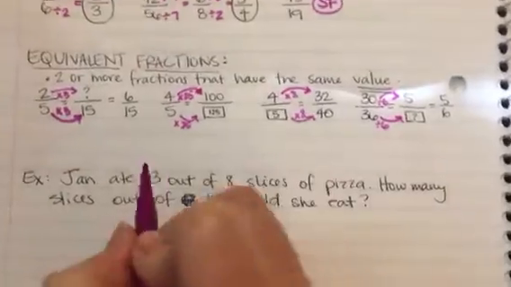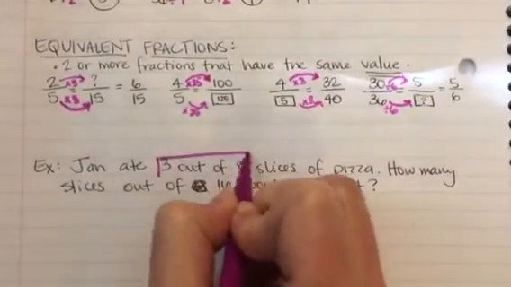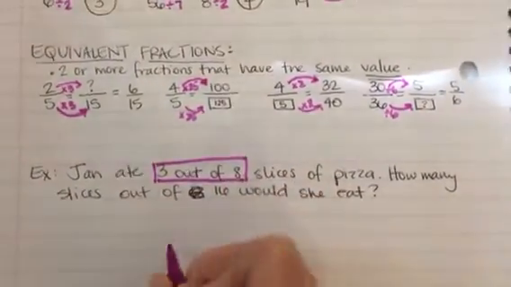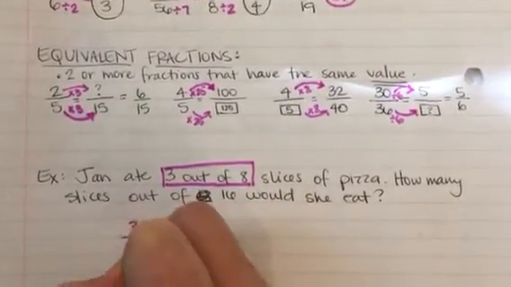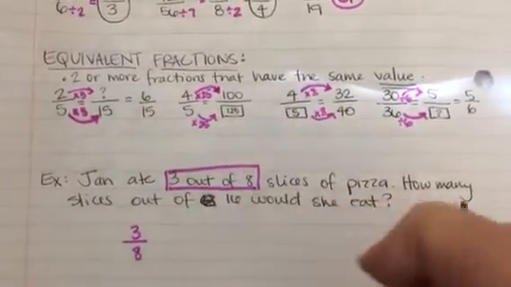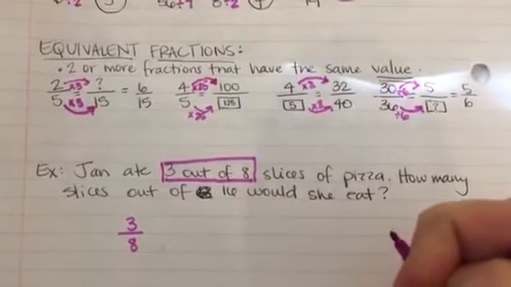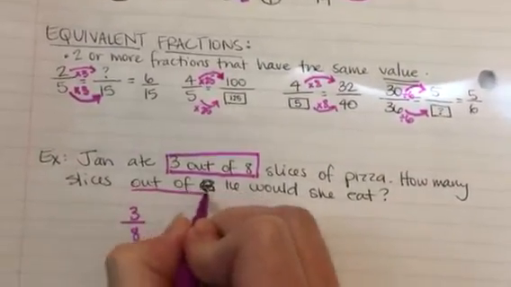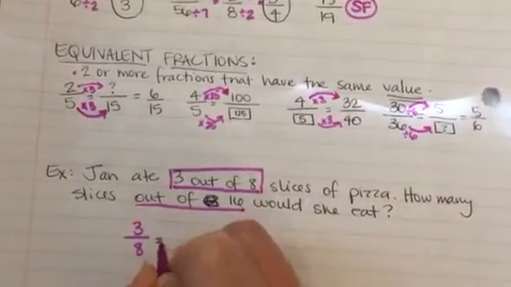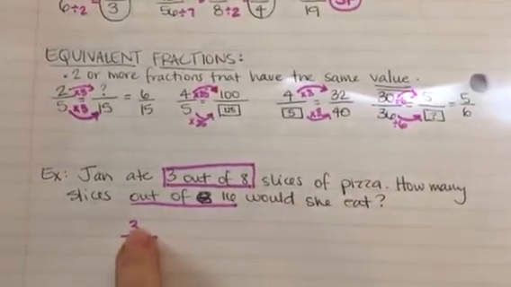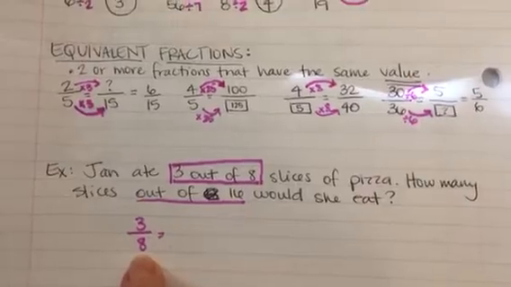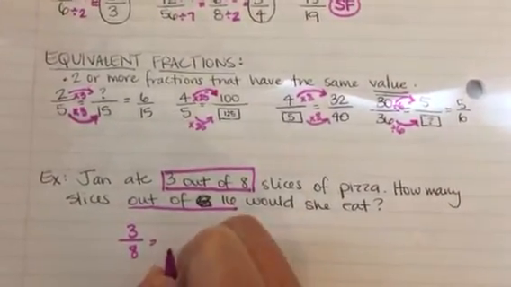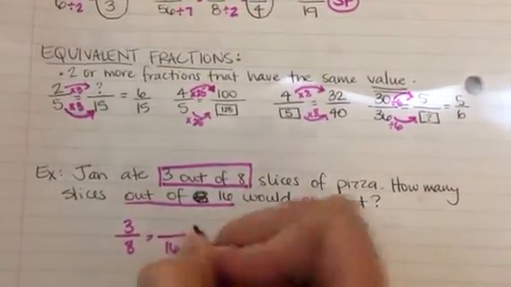So here's what we're looking at. The first thing that jumps out at me is that there's a comparison. It says 3 out of 8 slices of pizza. So I know that she ate 3 out of 8 slices of pizza. Then it says how many out of 16. So does that mean that the 16 is my part or the 16 is my whole? And if you think about that, you understand that 16 is your whole pizza.